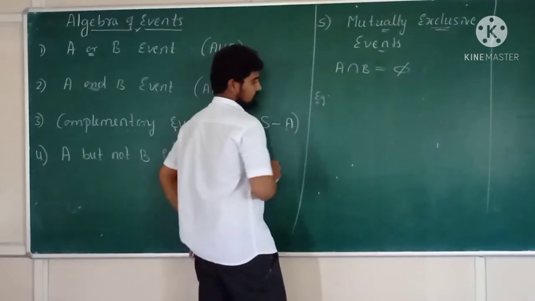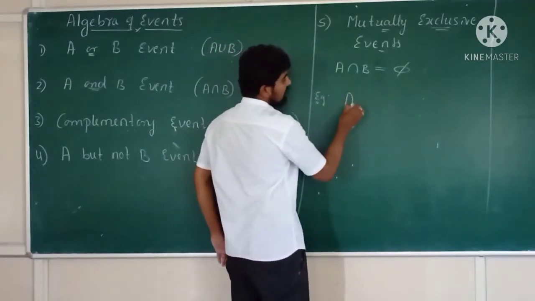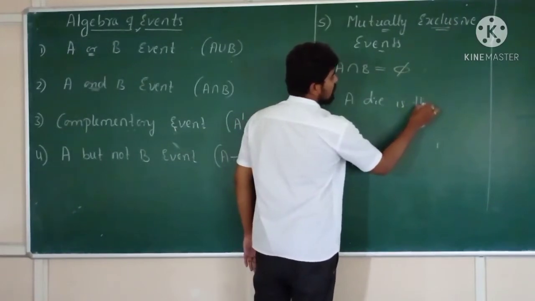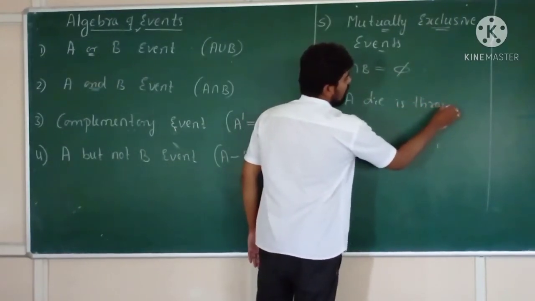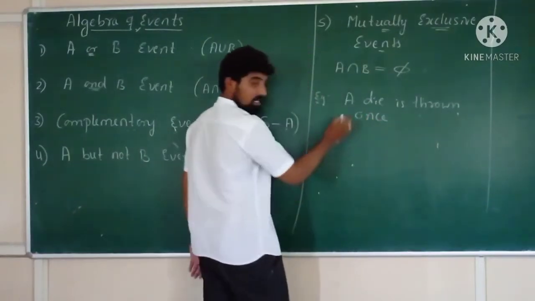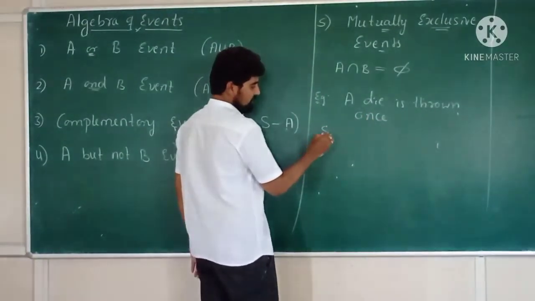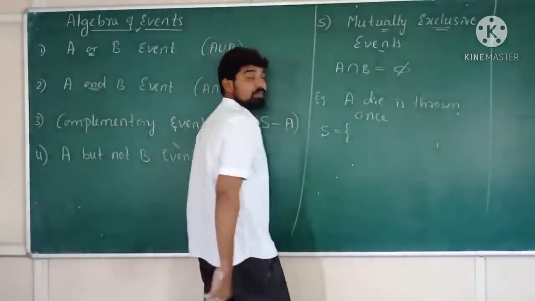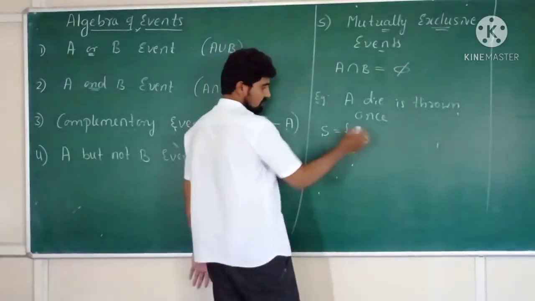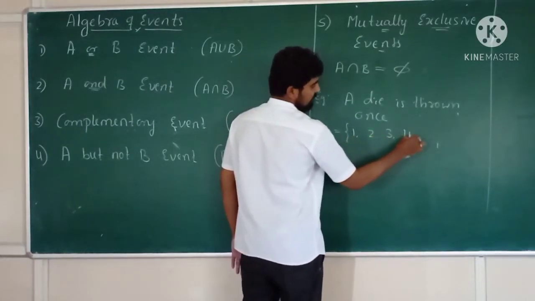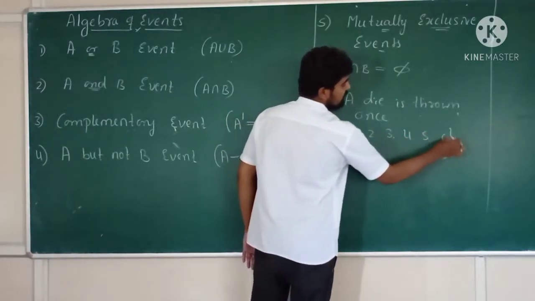For example, a die is thrown once, and the sample space associated with this random experiment is, so die is thrown means the possible outcomes are 1, 2, 3, 4, 5 or 6.